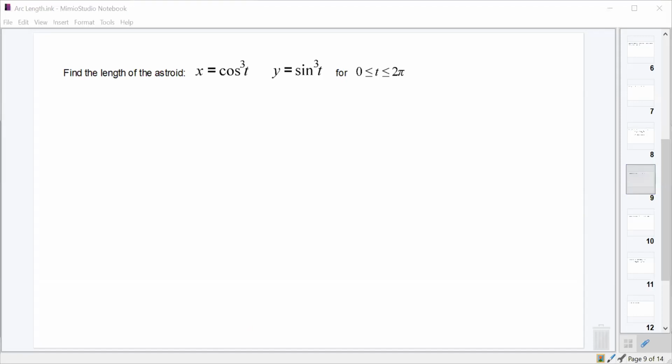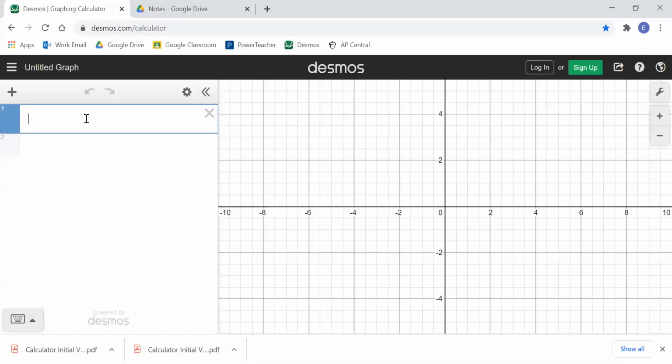So before we do any extra work with this, I want to pull up Desmos and take a look.